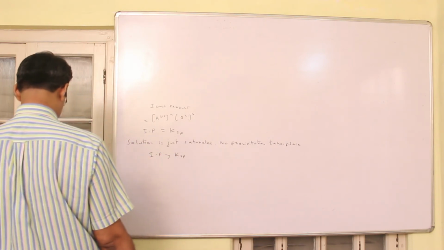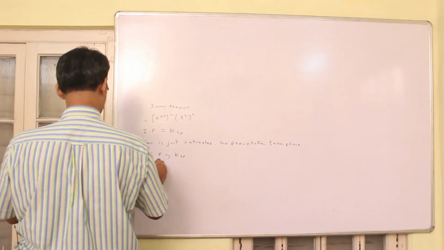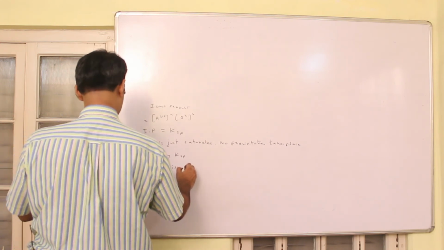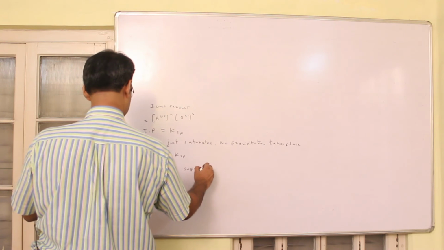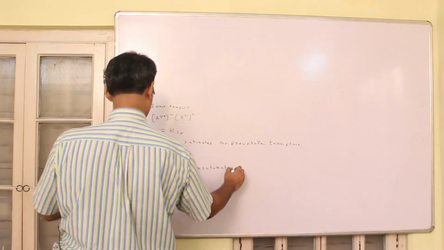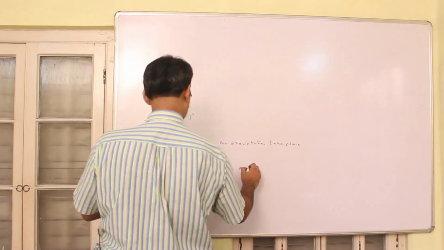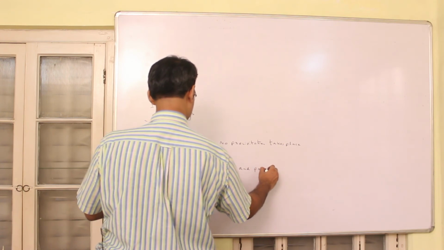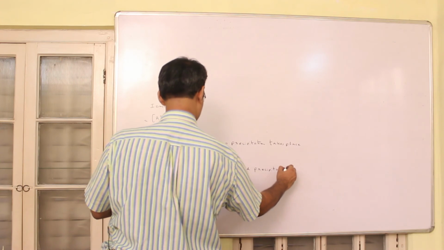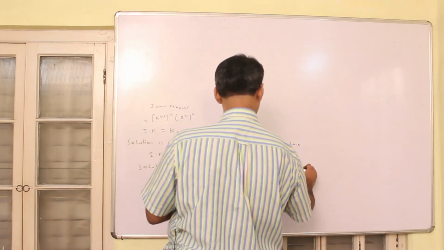If the ionic product is greater than the solubility product, the solution is supersaturated and precipitation takes place.